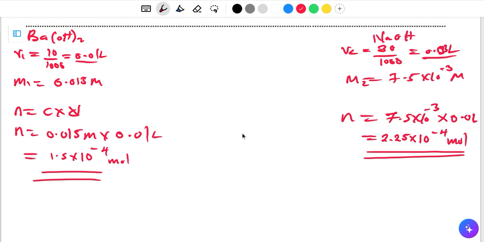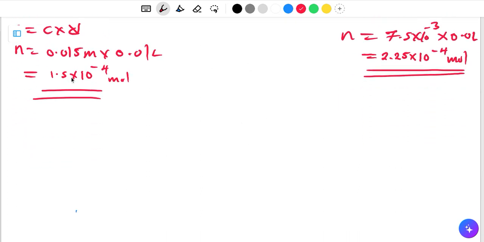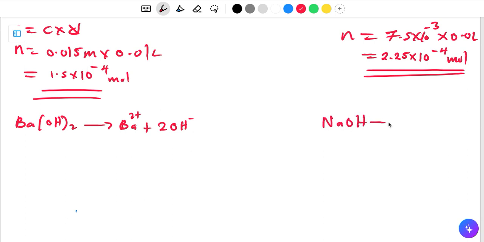So what are we going to do? Let's decompose those now. Let's write the ionic equation for those bases that we have. So this one is going to yield barium ions plus 2 hydroxide ions. Then for sodium hydroxide, this one is just direct. We have sodium ions, also hydroxide ions.